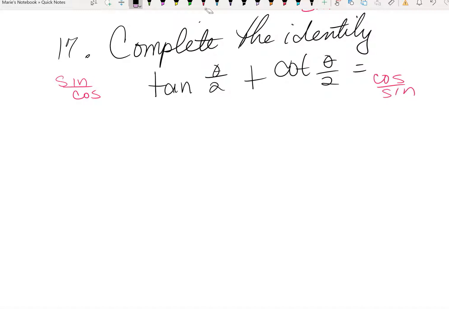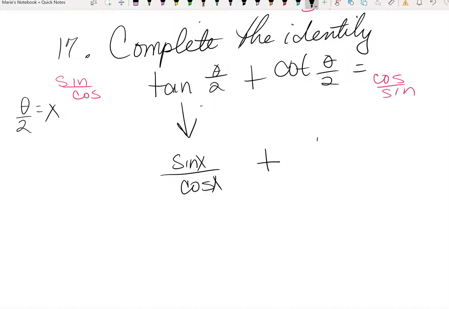So what ends up happening is, and let's go ahead and also replace theta over 2 as x, just to keep it simple. So this becomes sine x over cosine x plus cosine x over sine x. Okay, now keep in mind we've substituted in x for theta over 2.